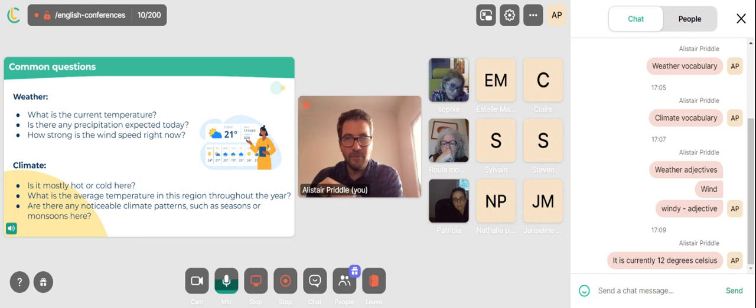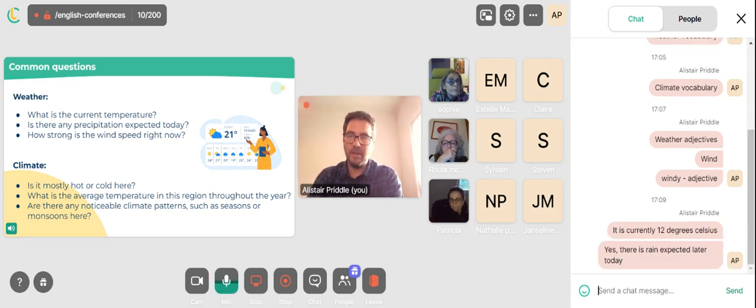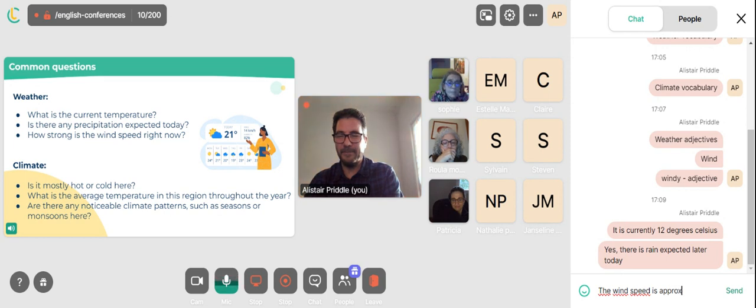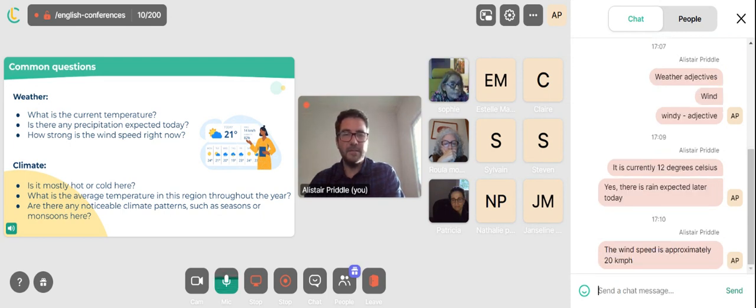Well, I did check the forecast for where I live, and yes, there is rain expected later today. And the last one, how strong is the wind speed right now? Well, I'm not too sure, to be honest, but I think the wind speed is approximately 20 kilometers per hour. So these are answers to those common weather questions.